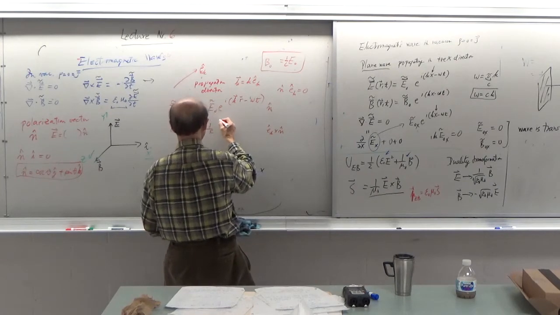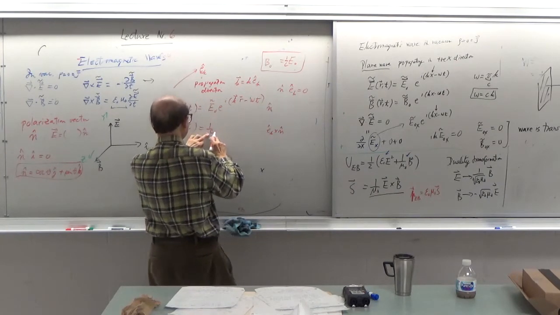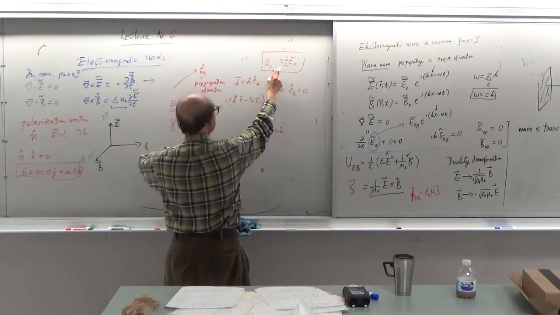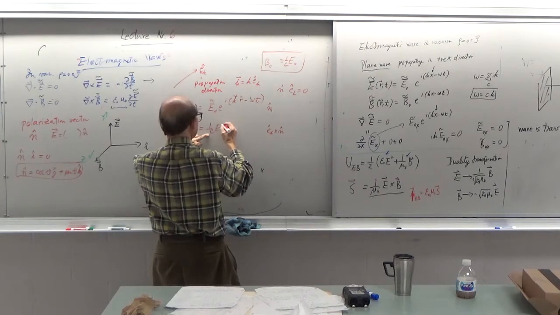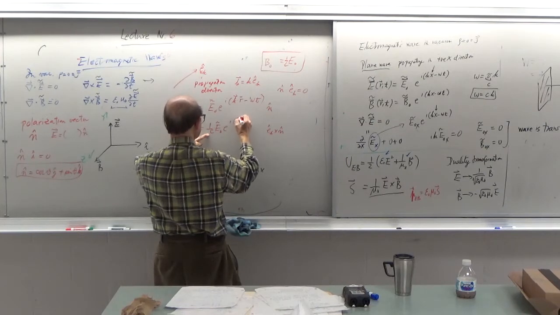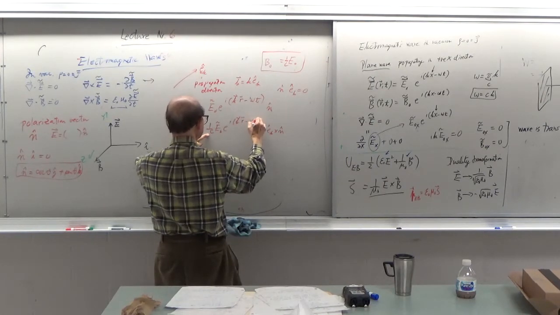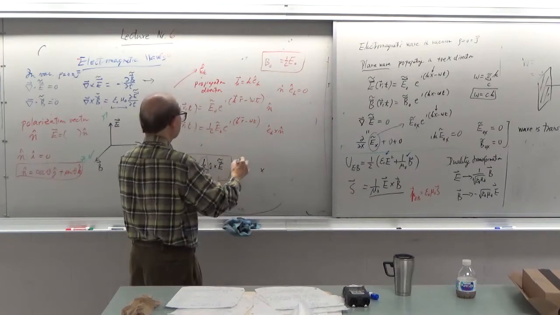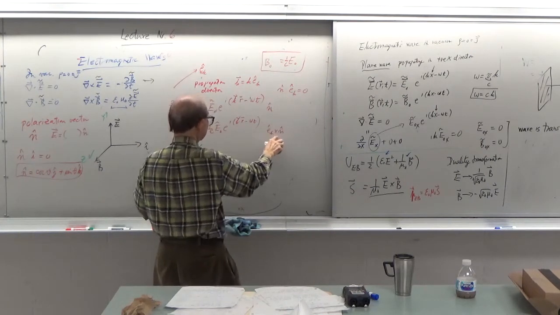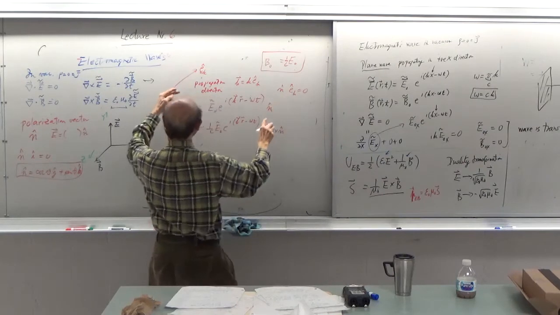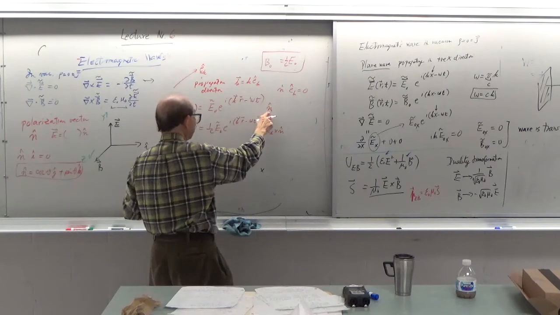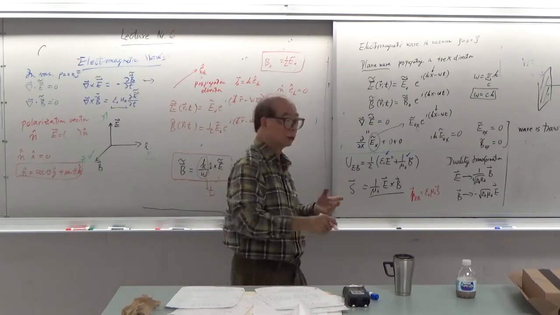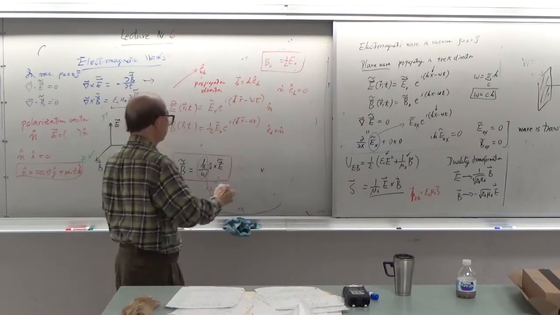This has taken care of the 1 over c in the amplitude B naught, so the rest is just this: e to the i k dot r minus omega t. With, as I said, the polarization state n hat being perpendicular to the direction of motion, also perpendicular to the B field. The polarization vector is defined to be the direction of the electric field E.